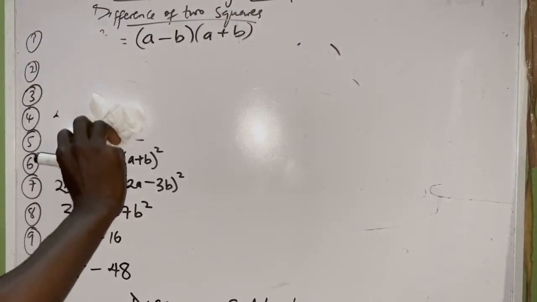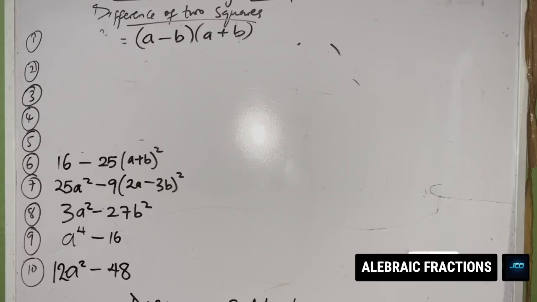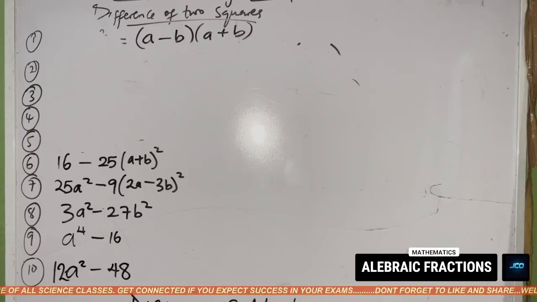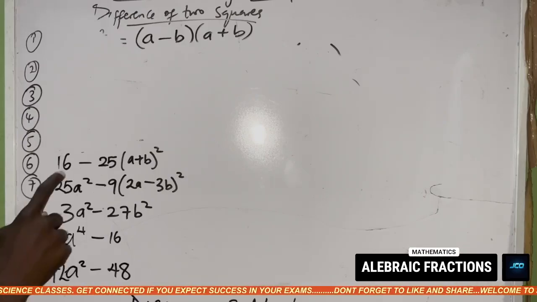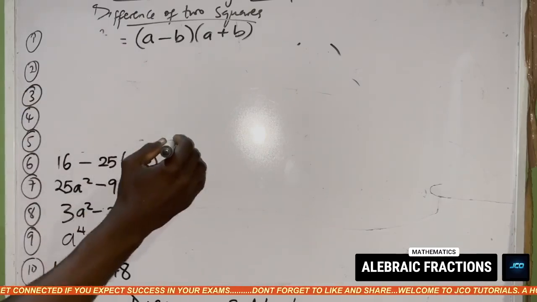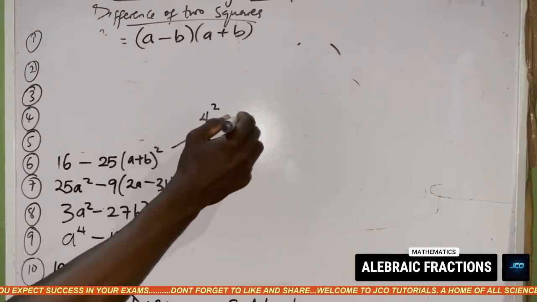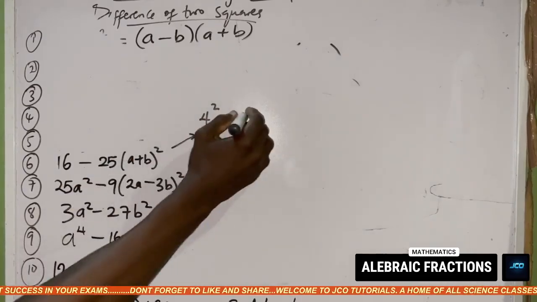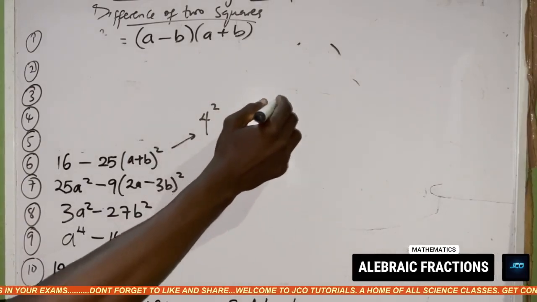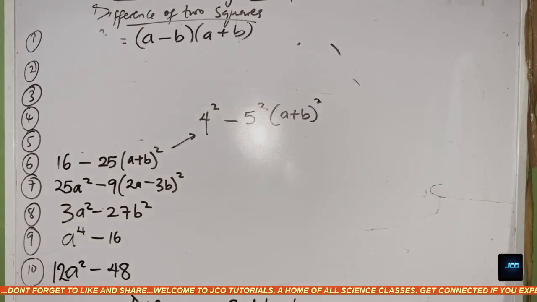Okay. So I have 16, can be what? 4 square. Minus 25 can be what? 5 square. I have a plus b square.